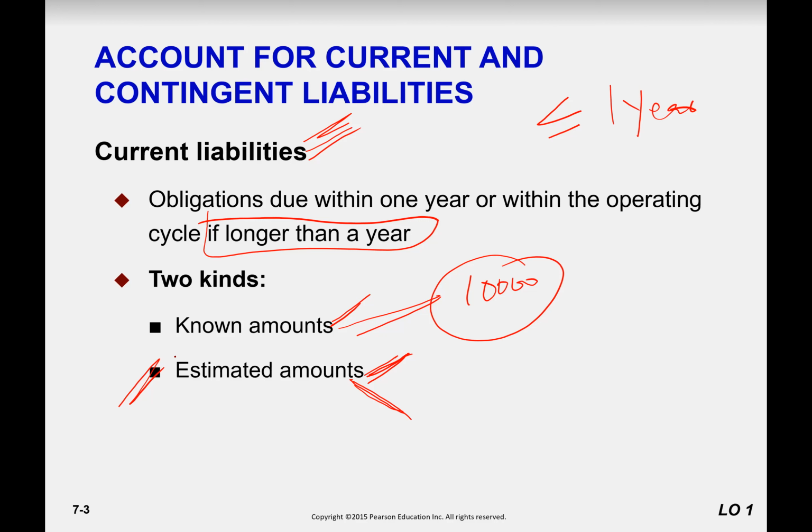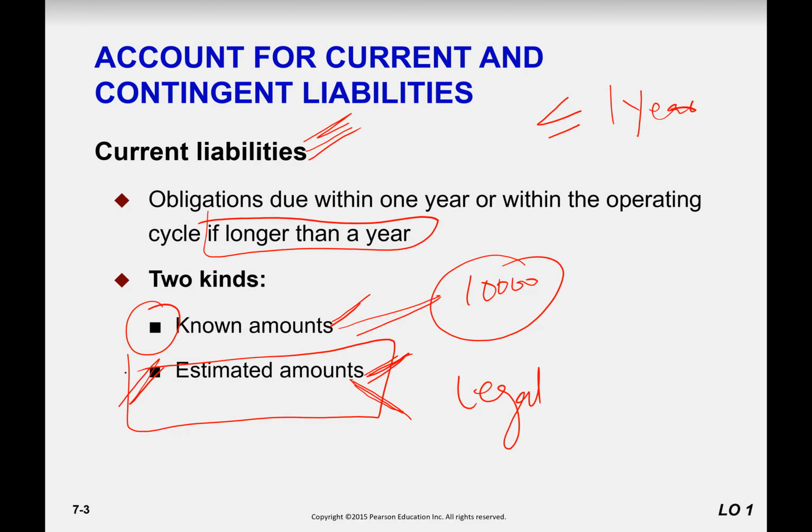We don't know how many products are going to be defective and how many customers are going to claim the warranty. Plus any lawsuits or legal matters. If we win the case, we don't have to pay anything. But if we lose, we have to pay, and how much? The court will decide. So these kinds of liabilities have an estimated amount.